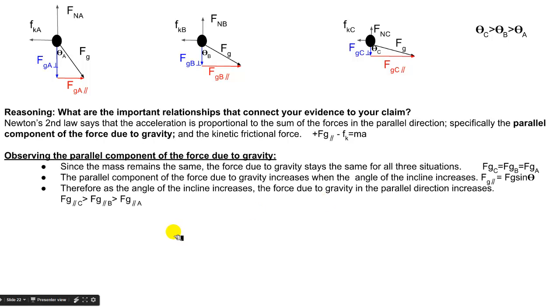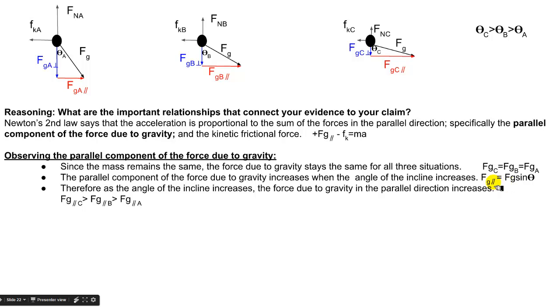First, let's focus on the parallel component of the force due to gravity. Since the mass remains the same, the force due to gravity stays the same for all three situations. The parallel component of the force due to gravity increases when the angle of the incline increases.